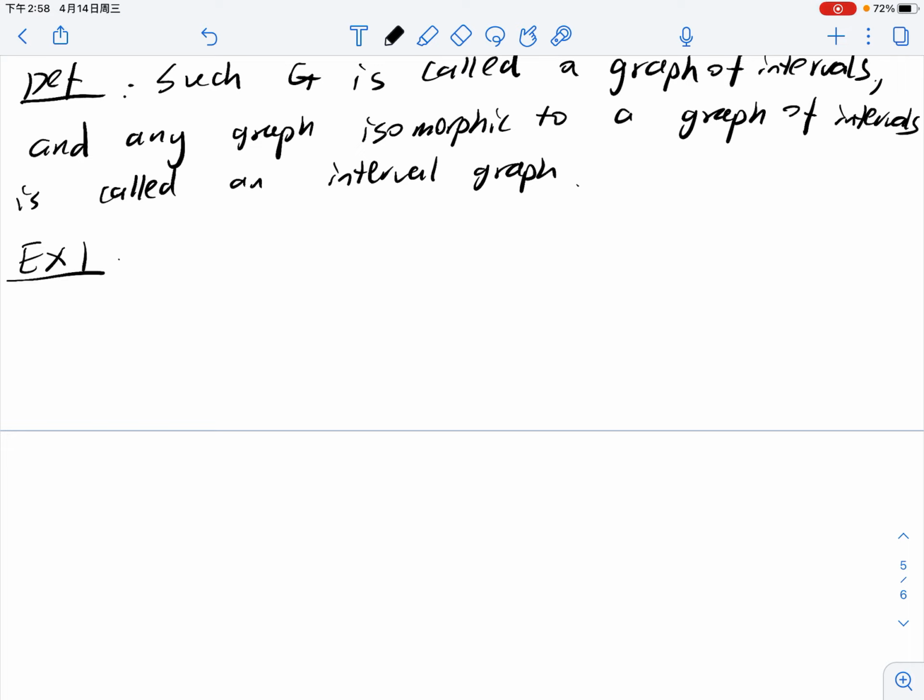Example 1: a complete graph Kn is an interval graph.